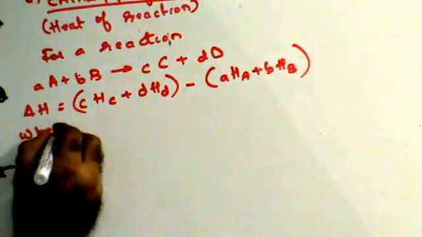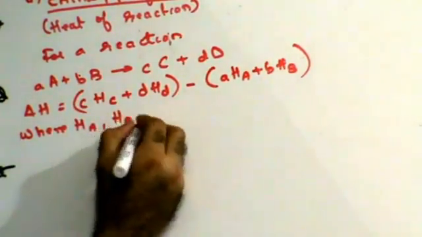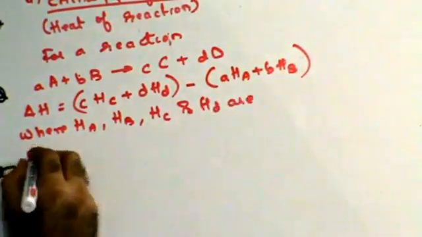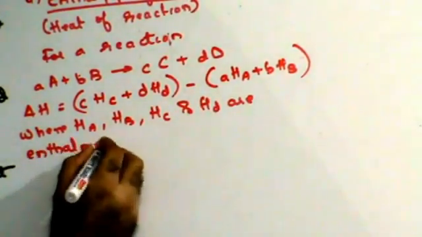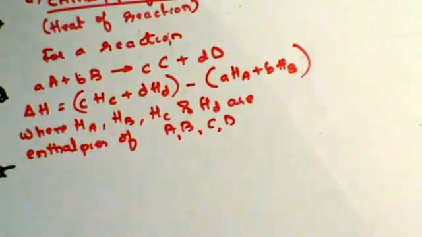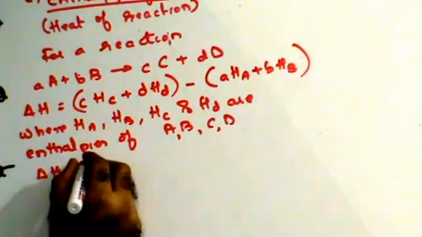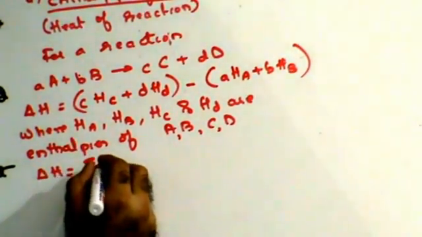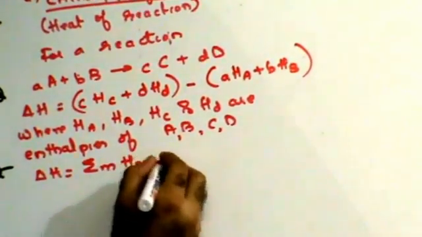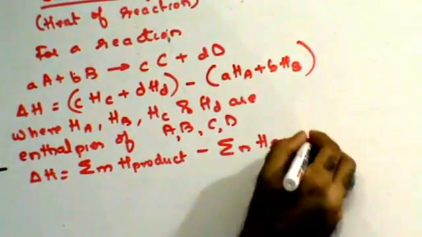where HA, HB, HC and HD are enthalpies of A, B, C, D. Right? So in short, I could say that the heat of reaction is nothing but the sum of m times the enthalpy of the products minus sum of n times the enthalpy of the reactants.